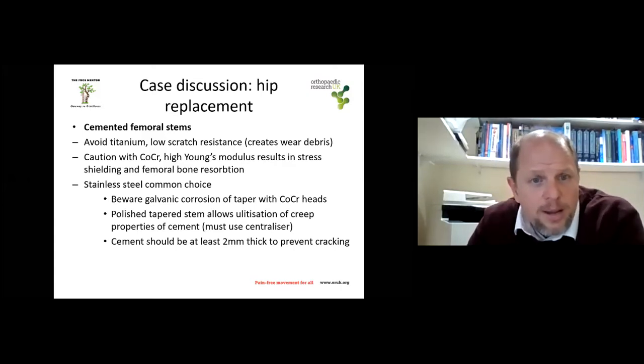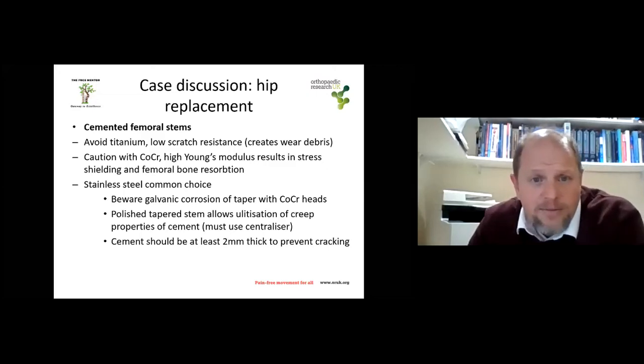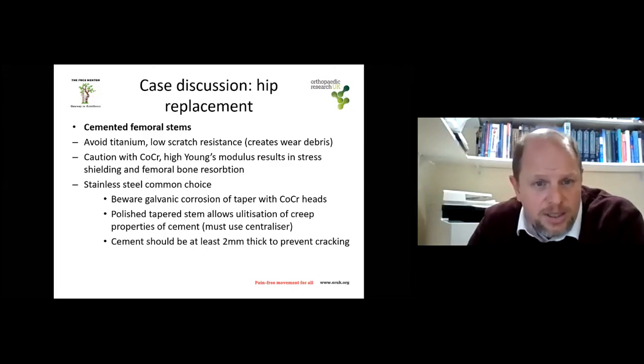And when you're talking about having a polished tapered stem inside cement, you're going to end up getting scratching of the metal on the cement, which would create a lot of titanium wear debris. And that's why stainless steel is much better than titanium. And it's the next one that's closest to cortical bone in the metals that we use in its Young's modulus.